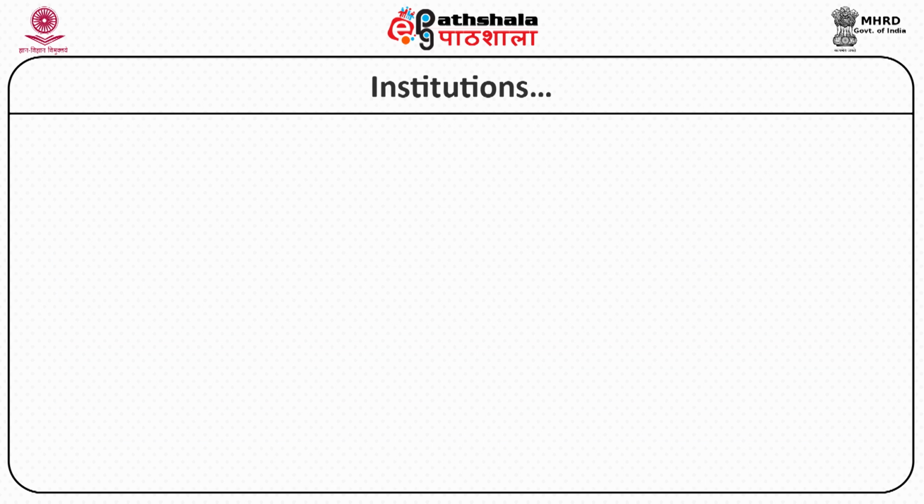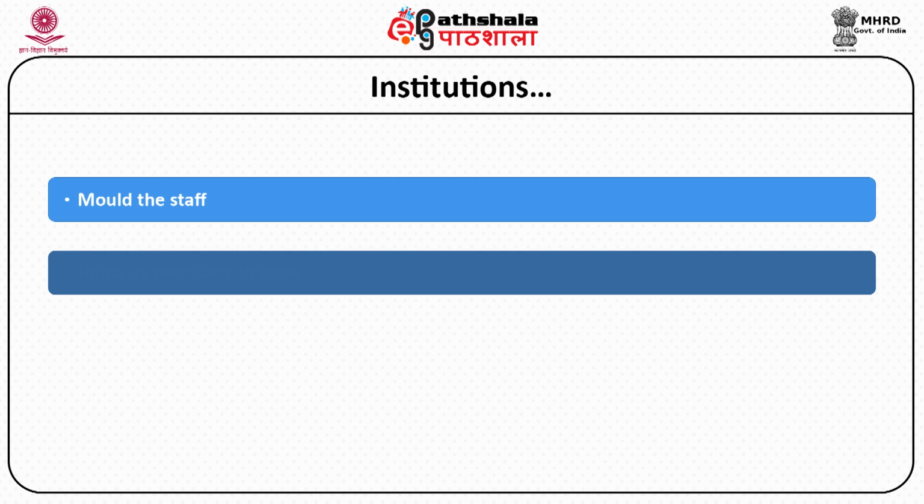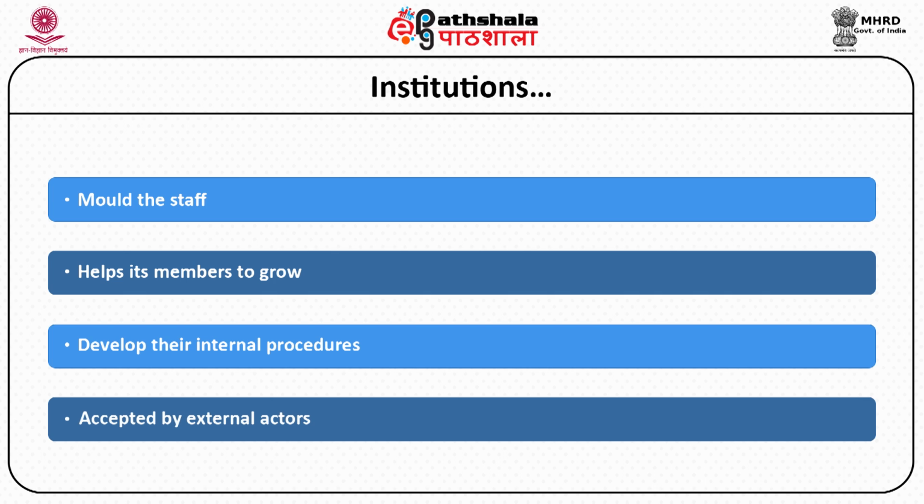Then they mold the staff to act in a certain way. They help their members grow within the institution, with the institution, and they teach the staff certain internal procedures which make them acceptable to the external actors, that is the other institutions and the people of the political system.